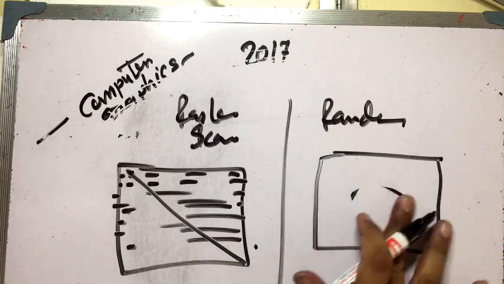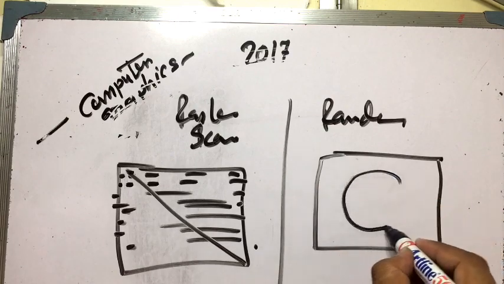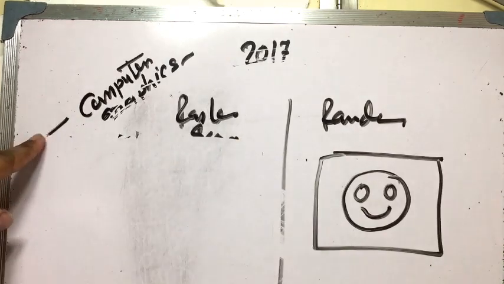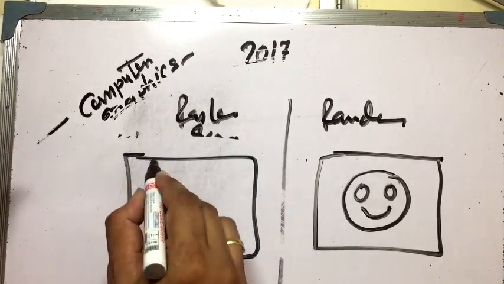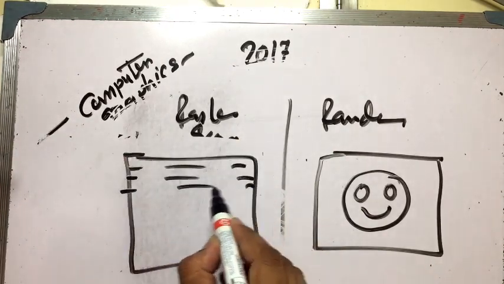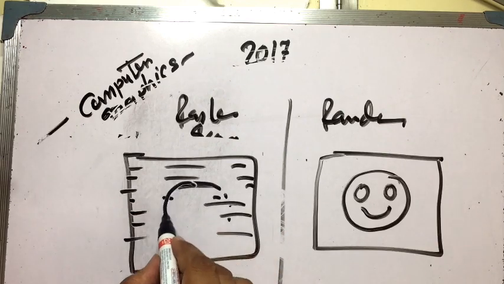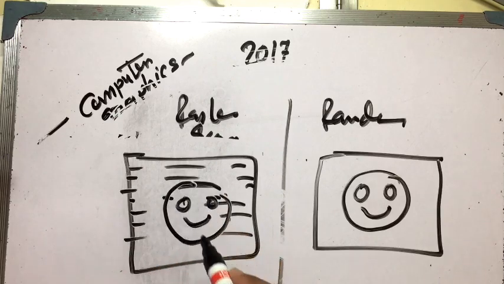But in raster scan display, we have to scan all lines, and if there is any point, it will glow the point. So in random scan display, we draw directly in the area where the picture is to be displayed, but in raster scan display, we have to scan the whole screen from top to bottom and back to top.